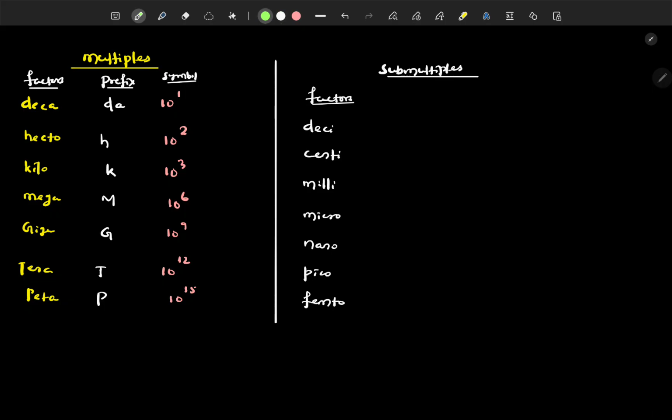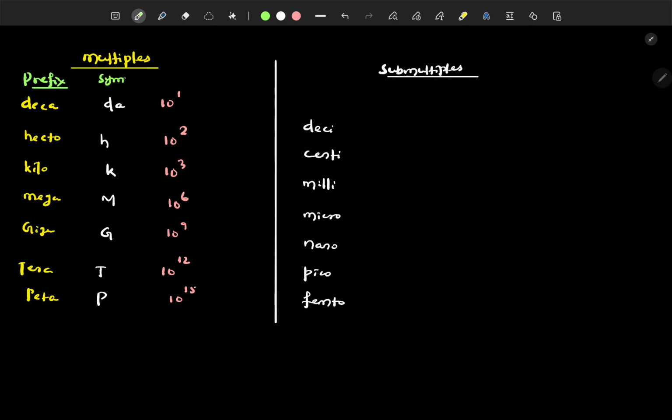So then next is your prefix value. I have written in a digital format, deca, hecto, kilo, mega, these are your prefix.